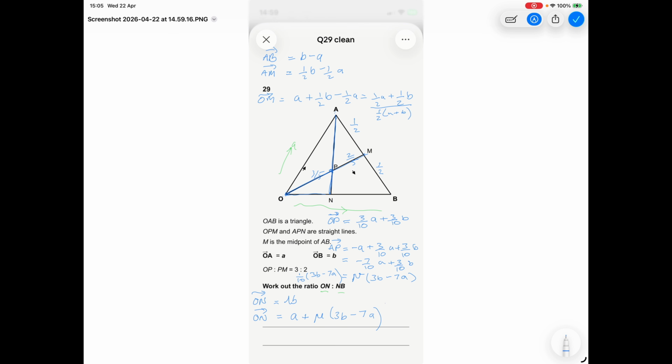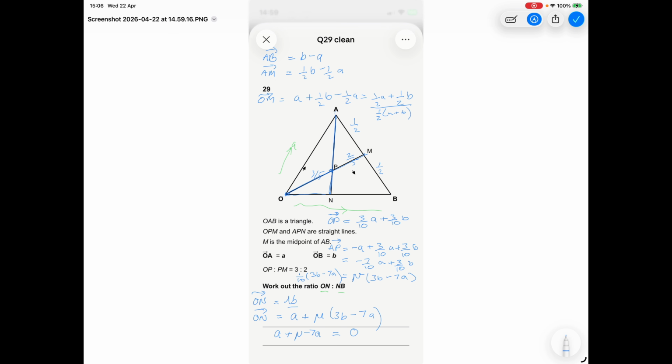Now we've got to get rid of the a, haven't we? Because we know it's only b. So how do we get rid of that a? It basically means a plus mu of minus 7a equals 0.